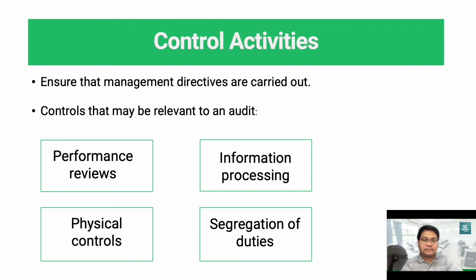The accounting department is the one responsible for maintaining the records, while the treasury department will be the one who would maintain the actual custody of the funds or the cash, the resources of the company. That is a classic example of segregation of duties as part of the controls of our client.